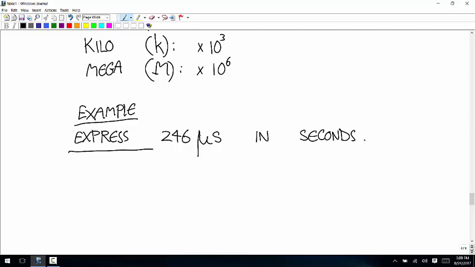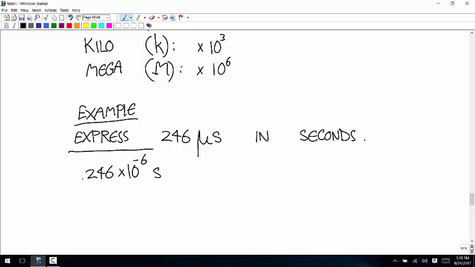Well, what we're going to do is just replace this micro symbol, that prefix micro, with times 10 to the minus 6. Those two just mean the same thing. And so 246 microseconds is 246 times 10 to the minus 6 seconds.